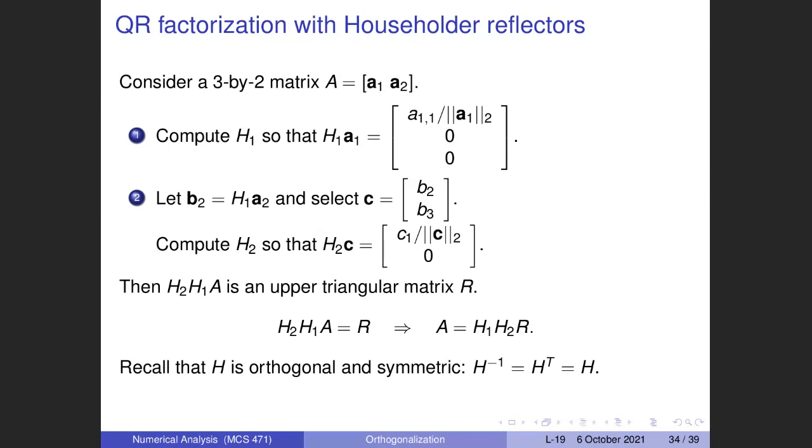So you continue with a vector of smaller size, and you do exactly the same thing again. And one accumulates the Householder transformations. And the product of orthogonal matrices is again an orthogonal matrix.